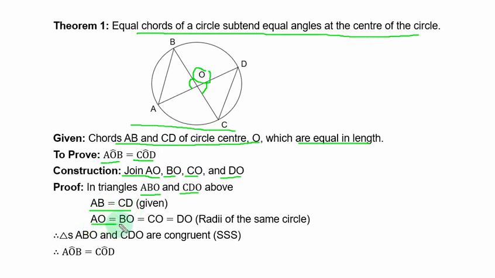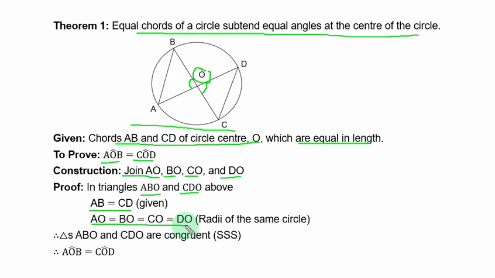AO is equal to BO is equal to CO is equal to DO. That is radii of the same circle. Previously, I've said that the distance from the center of the circle to any point on the circumference, they are all equal. That is why AO is equal to BO is equal to CO and is equal to DO.